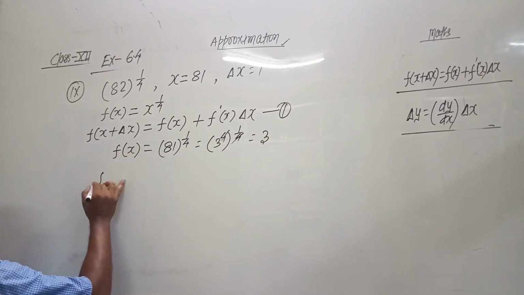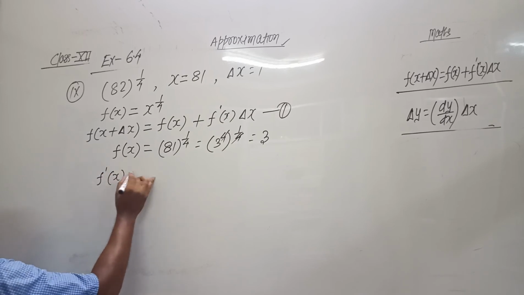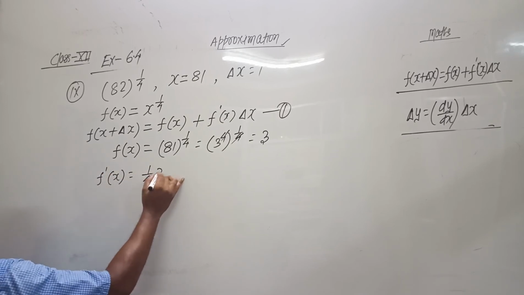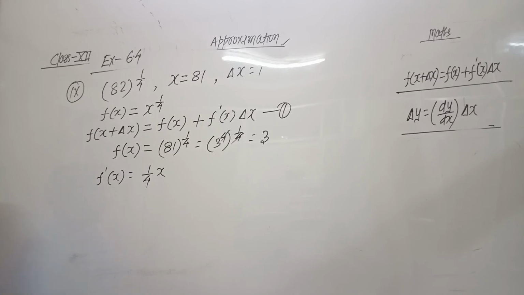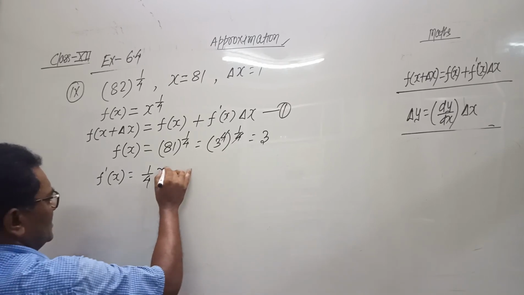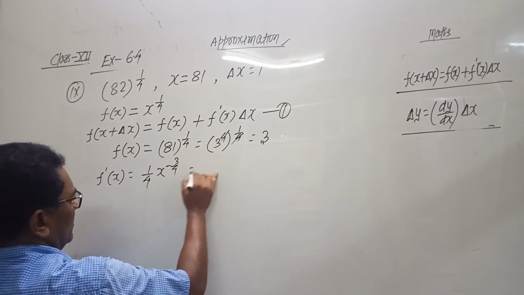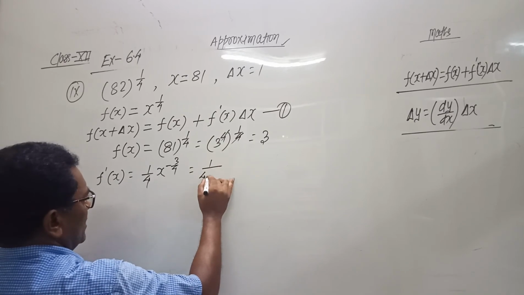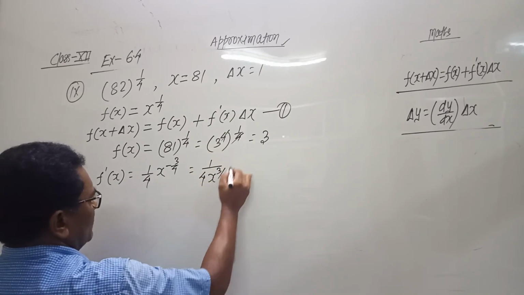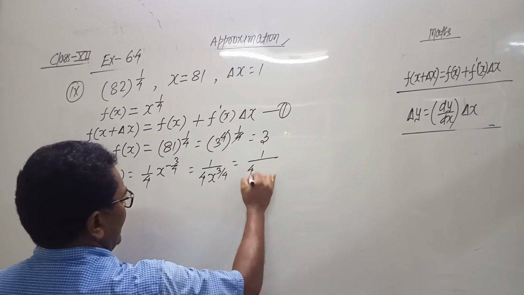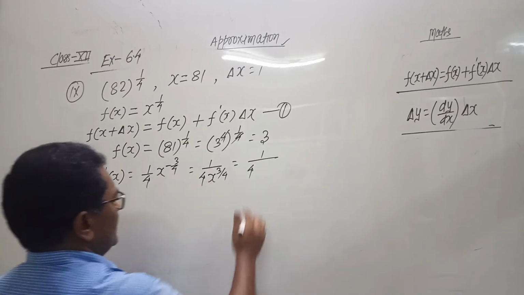Now we calculate f dash x. So 1 by 4 into x raised to the power 1 by 4 minus 1, which is minus 3 by 4, which is written as 1 by 4 x raised to the power minus 3 by 4, and the value of x is taken 81.